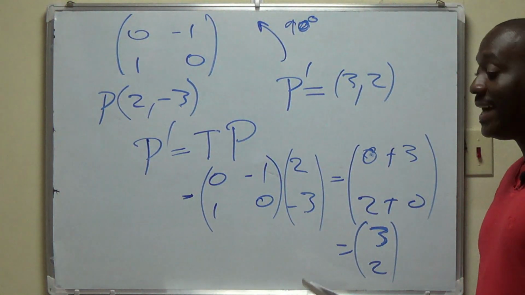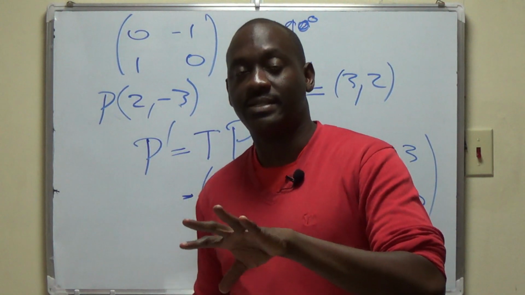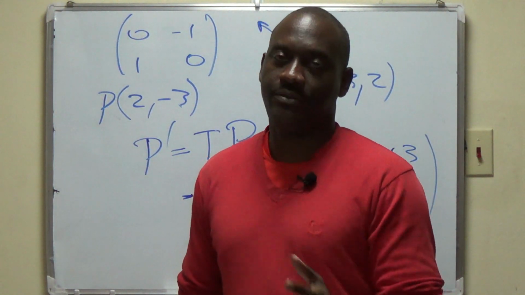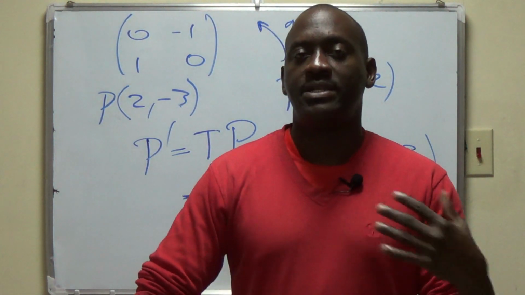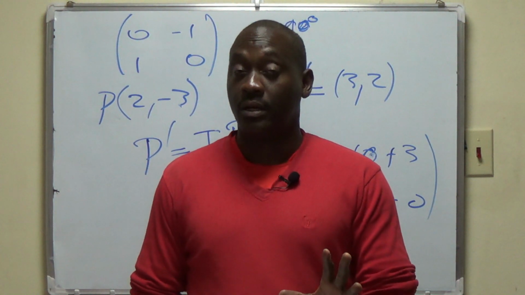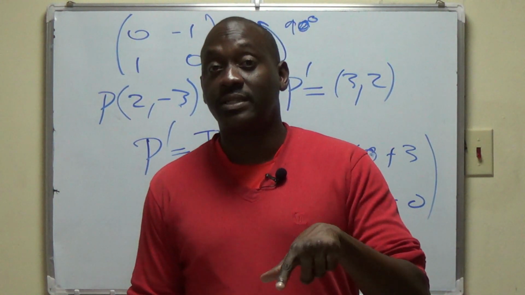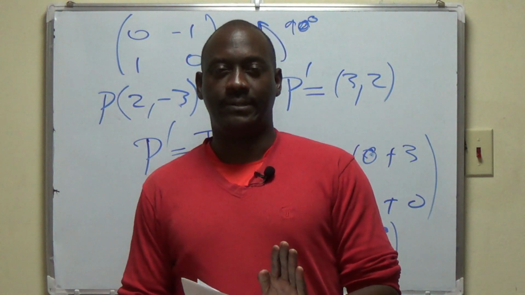Now, a 90 degree clockwise rotation is the same thing as an anti-clockwise rotation of 270 degrees. So, since we don't have a matrix for a 90 degrees clockwise rotation, what we do is use the matrix for the 270 degree anti-clockwise rotation.